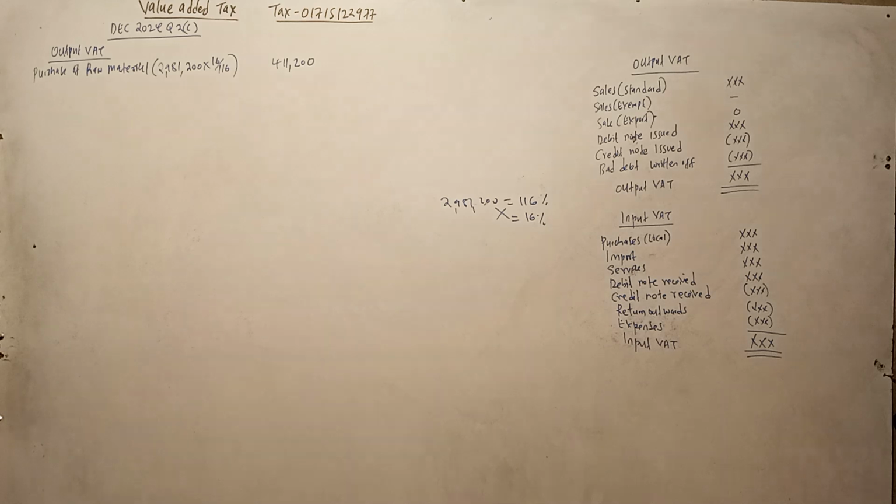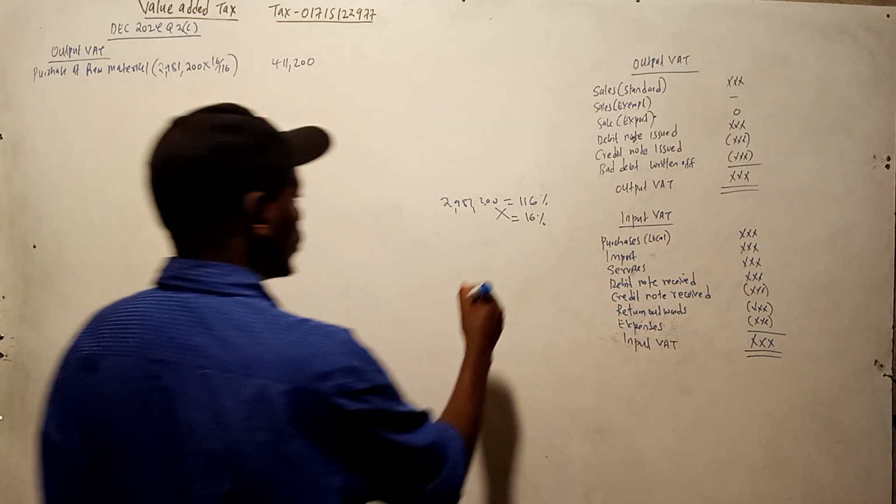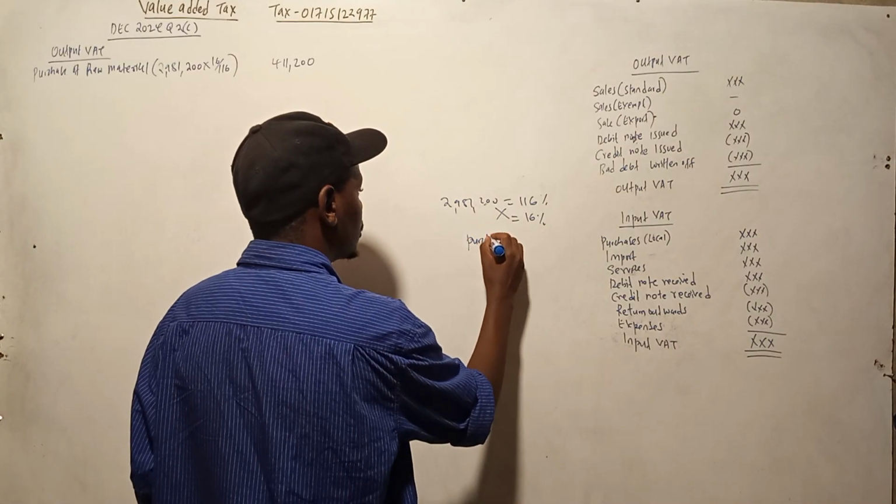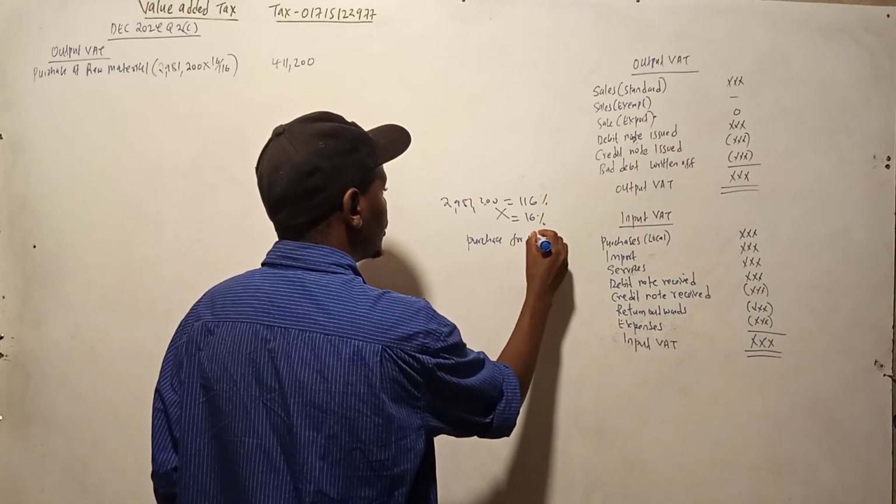Now information number 2, purchase goods from suppliers of 3,840,000 net of VAT, out of which 20% were unregistered. So remember, purchases from unregistered persons are not vatable.